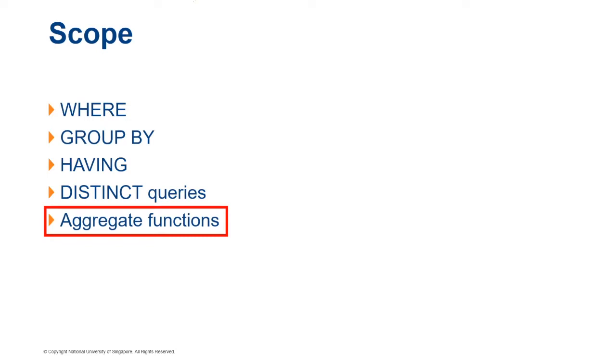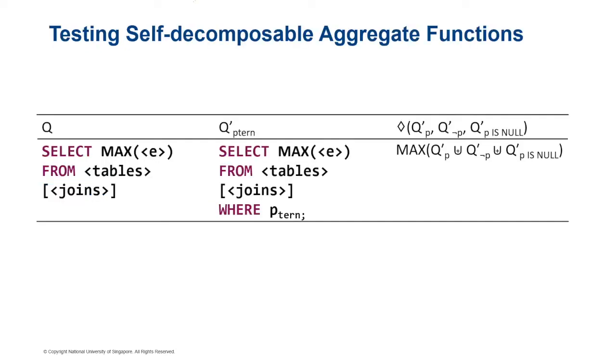Now, I also want to provide an example of how we can test another category of SQL functionality, which are aggregate functions, which compute the result over multiple rows. And there the idea is quite similar.